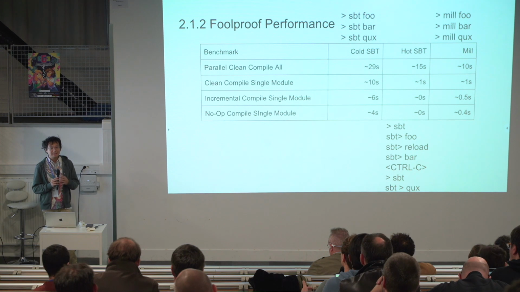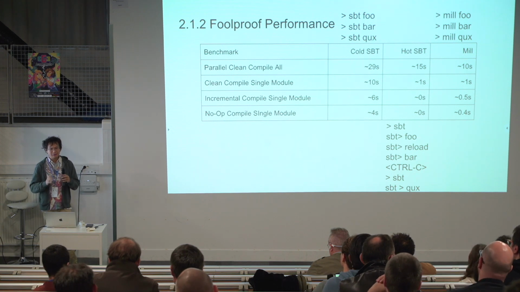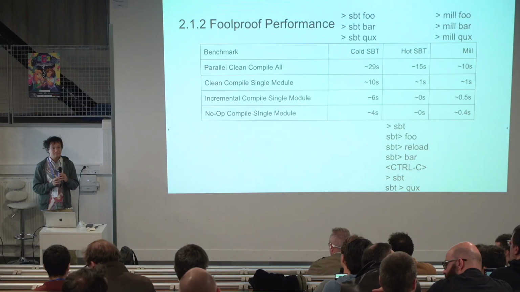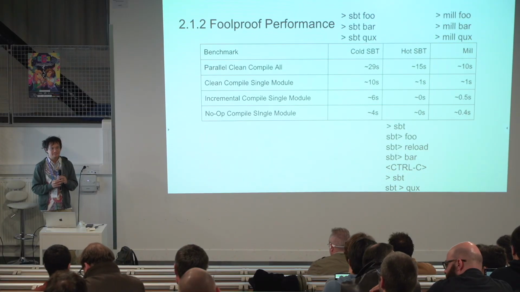Mill does the same thing as Gradle does, which is you run it always from the command line, there's no shell, but it'll automatically manage the background long-lived process for you. So if you use Gradle or use the new Maven daemon, they all do this kind of pattern, and Bazel as well does this. So the first time you run it, it'll inevitably be slow, same as SBT. But after the second, third, fourth time you run it, it speeds up and it's kind of managed for you, so you don't need to open the shell and juggle the shell yourself. Okay. So it's like it's launching a server in the background and just connecting to it. That's right. Okay, yeah. I see. Thank you.